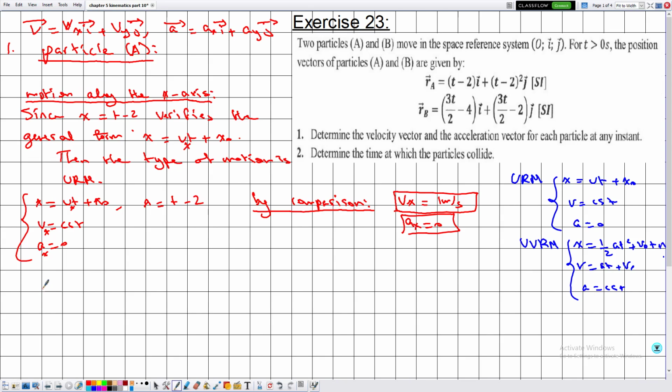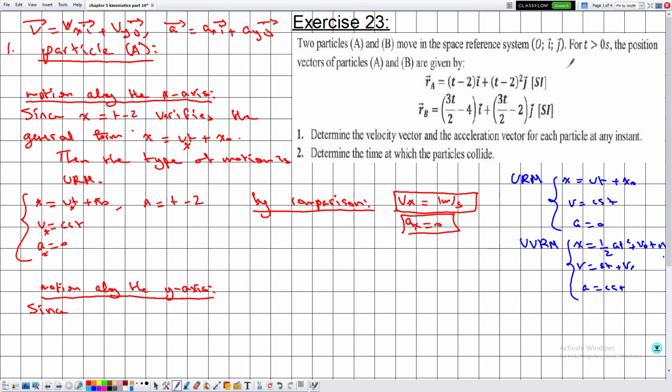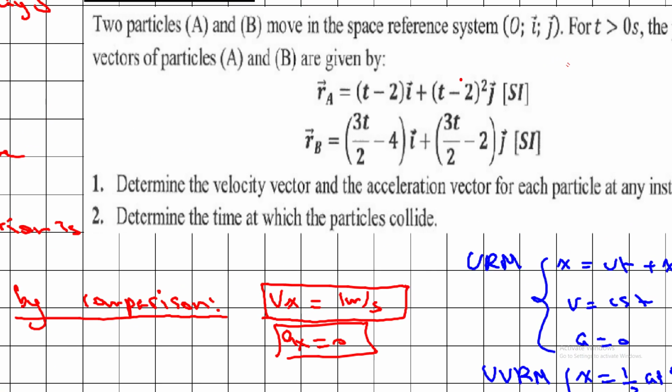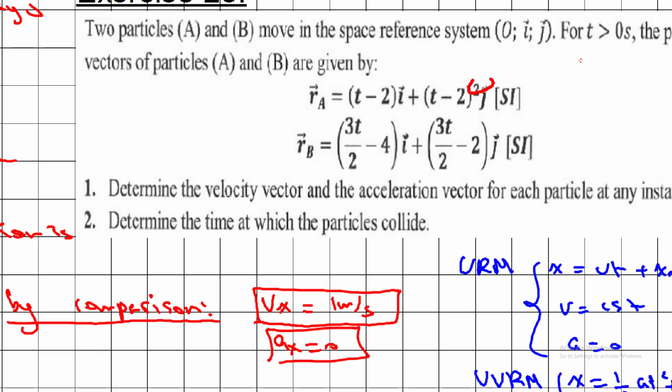Now as for the y-axis, we have y equal to (t minus 2) to the power 2. Notice that I said it is linear, but this is not linear here because we have power 2. So it's not linear, it's quadratic.